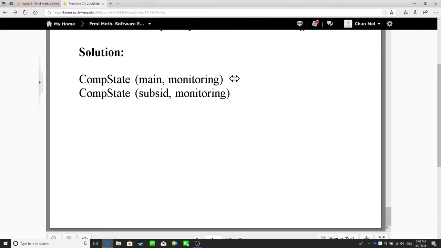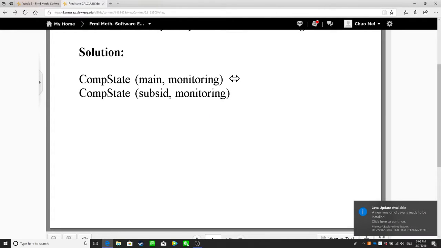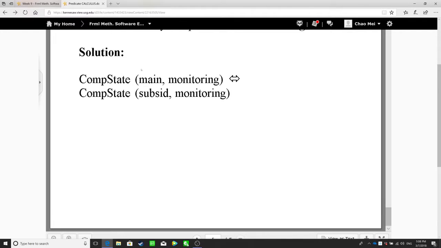For example, here we have the function computer state, which has two variables, main and monitoring. How can we translate this? The main computer has a computer state which is monitoring. The subsidiary computer has a computer state, the value is monitoring. The same.